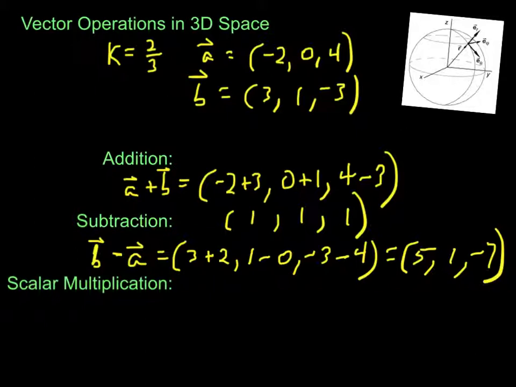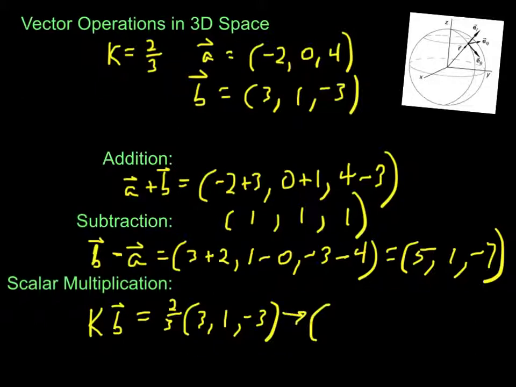Scalar multiplication. If I said find k times b, we'll use b this time. Well, k was 2/3. Our b vector is 3, 1, negative 3. Let's distribute. You're going to get this. Now don't forget, you're just multiplying fractions. These are all over 1, so you multiply your numerators and denominators.